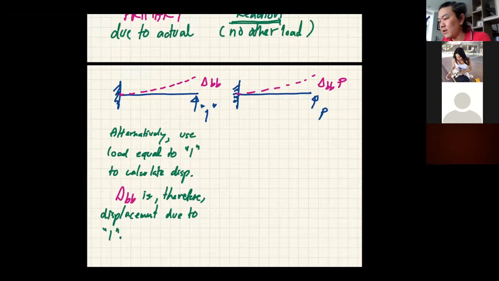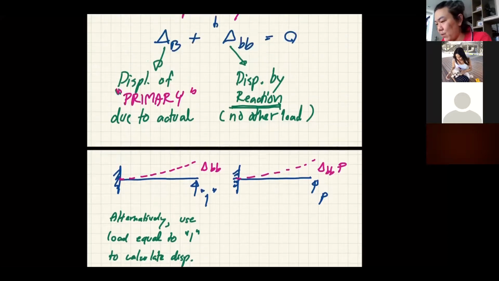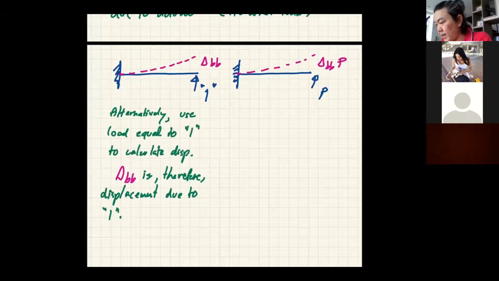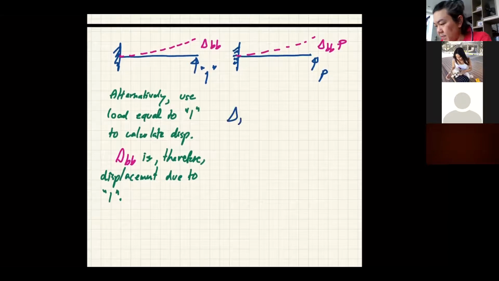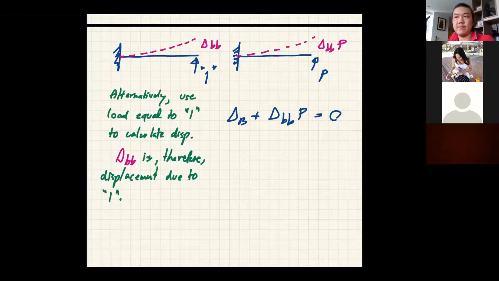And in this case, your compatibility equation will be delta B plus delta BB multiplied by P equal to 0, right?